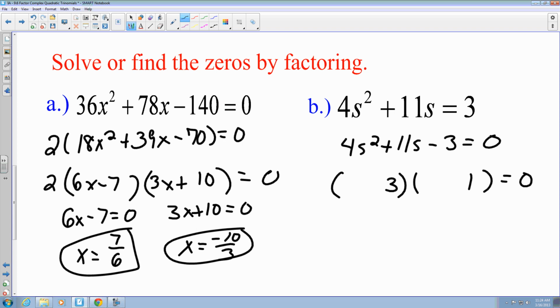So if I go s and 4s, that's going to give me 12, that's going to be 1. It works out, so this is going to be the plus, and this is where the minus goes. And so when I use the zero product property, s can equal negative 3. And if I go 4s minus 1 equals 0, s could equal 1/4.